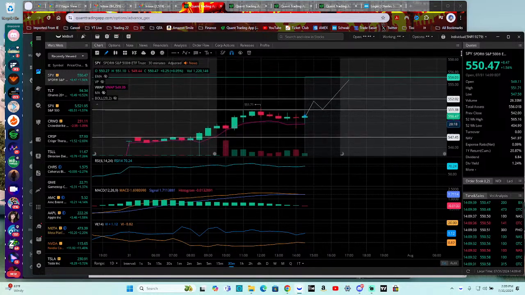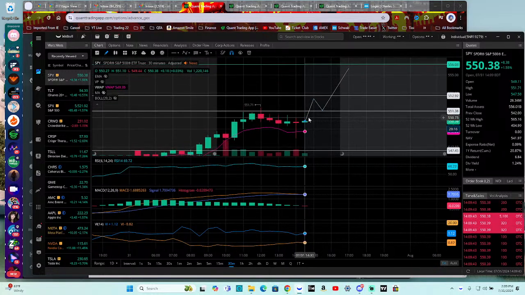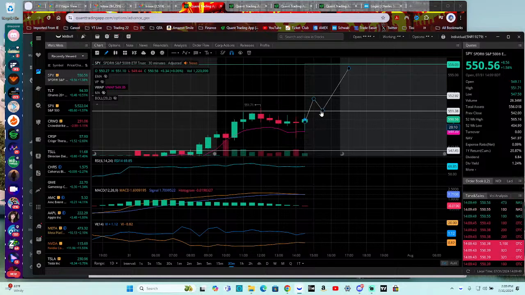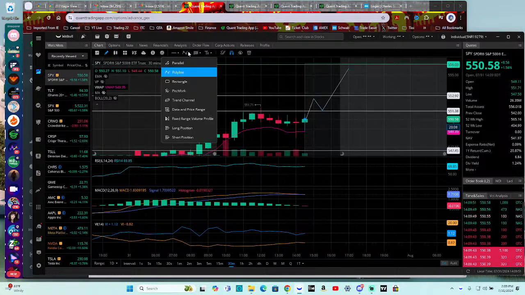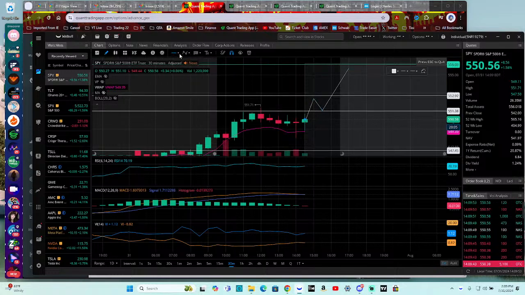So, building on what we were just talking about, if we do break, we run into 552, we come back and we retest this level and it does not hold. If this level fails on this retest, then we have a nice excuse, if not a better word, or a nice play to the downside.